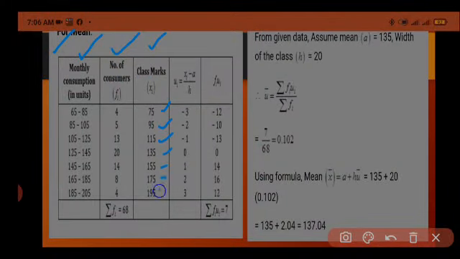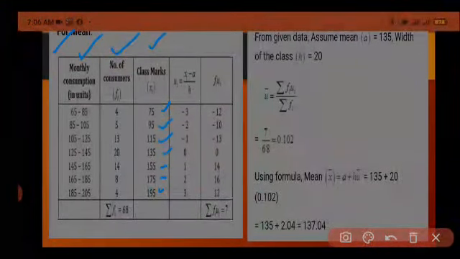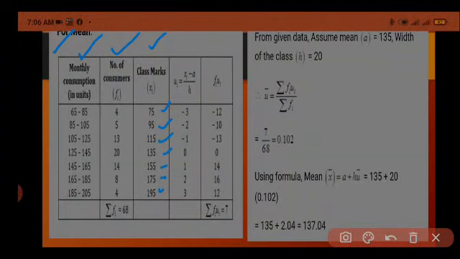So like this we will first find the class marks, and as I told you, we will be finding the assumed mean. Assumed mean we are taking here as 135. So taking 135 we will find the mean.